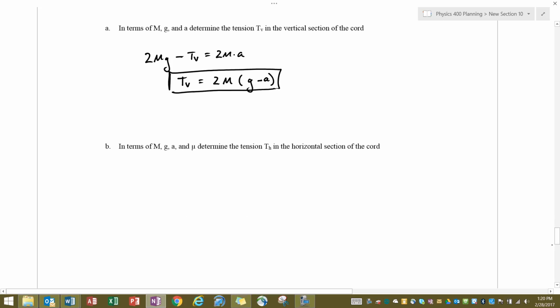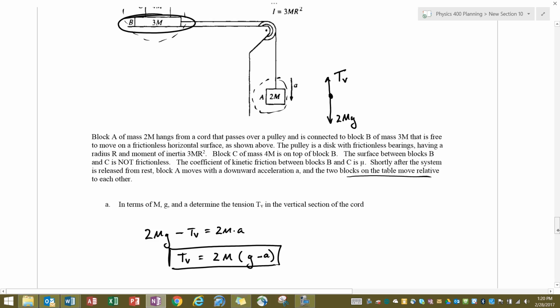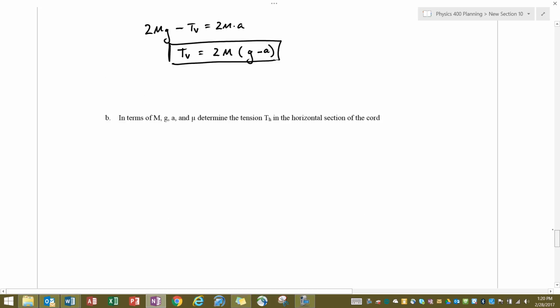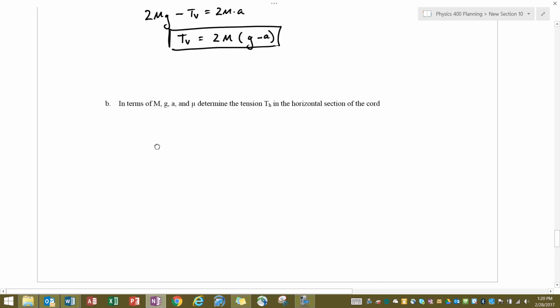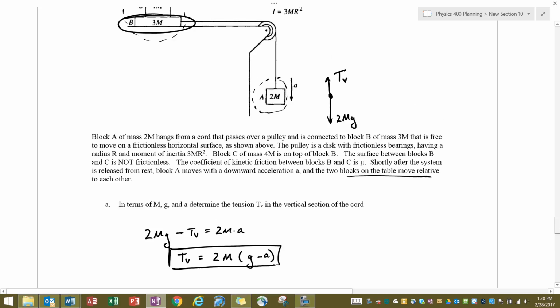For the horizontal tension, I'm going to focus on the 3m because I know that that horizontal tension will act directly on that mass through contact. So if I draw the force diagram for the 3m block down here, I would have horizontal tension force.